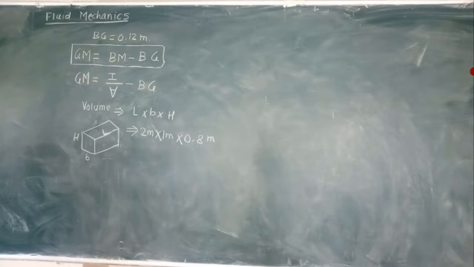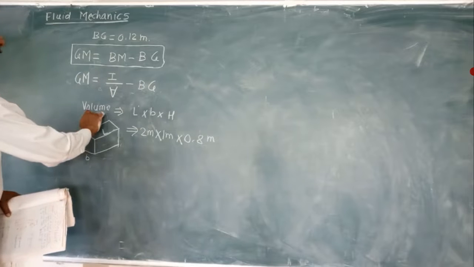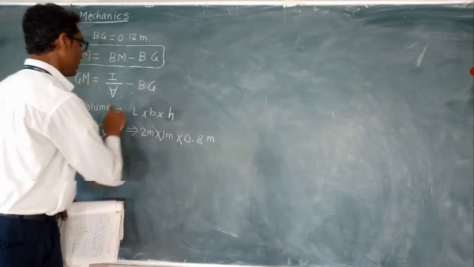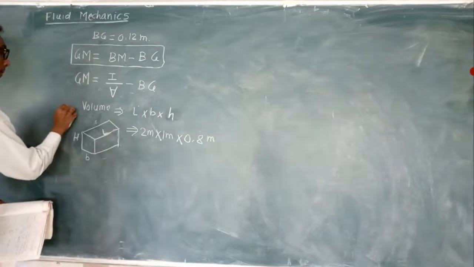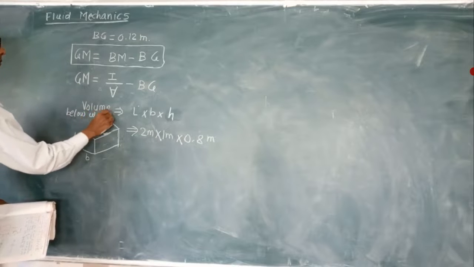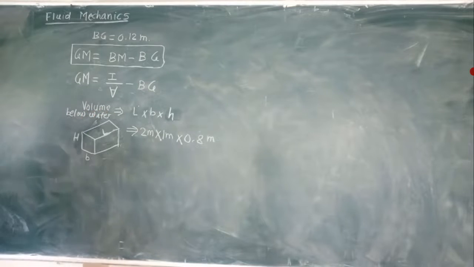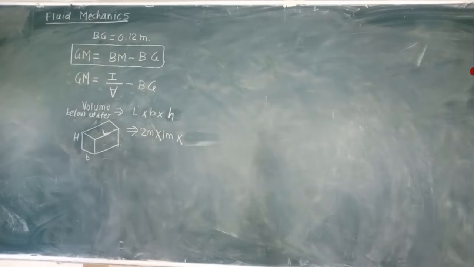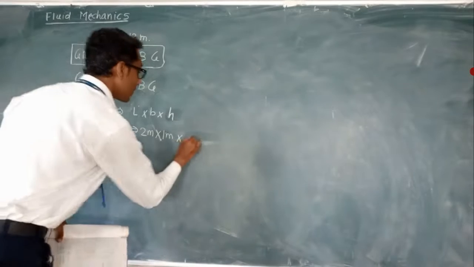Let me clear this. This is the volume of the body below the water. That is very important: volume below water. So L into B into H. H we have calculated, that H is 0.56.